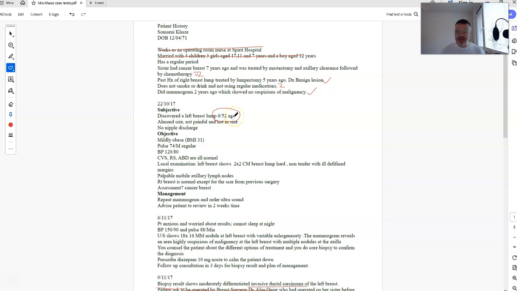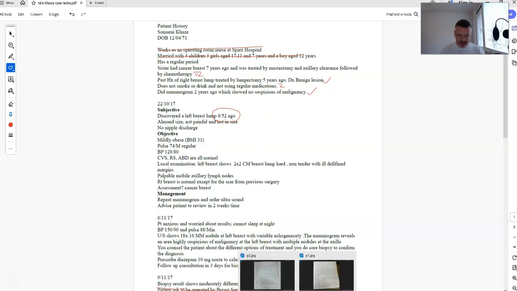So discovered the lump. So you say something like, Mrs. Khaze presented complaining of or with a 6-week history of, or reported having discovered a lump 6 weeks ago, or something similar.